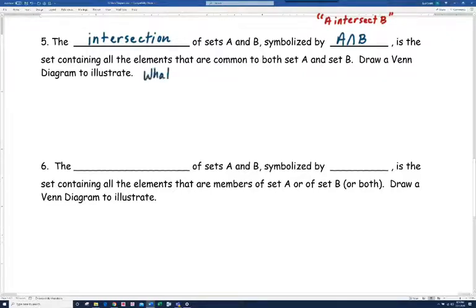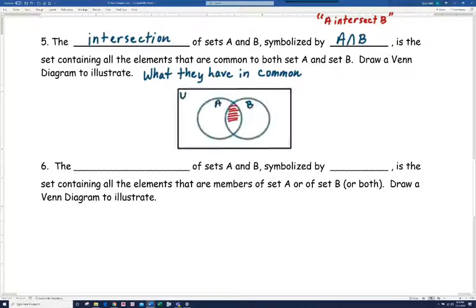So the key here is it's basically what the two sets have in common. We call that the intersection of the two sets. So here's a picture of that. You can see we have sets A and B, and the part I shaded is A intersect B.